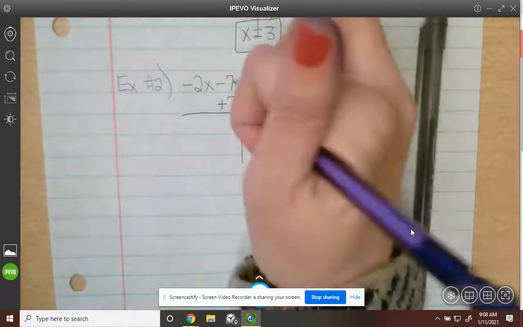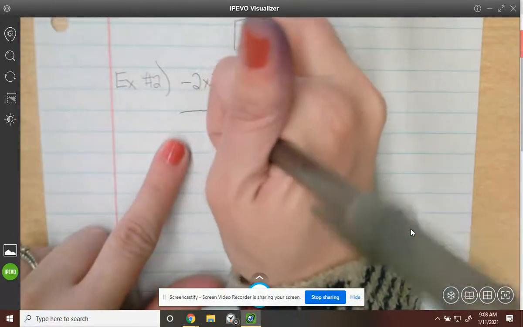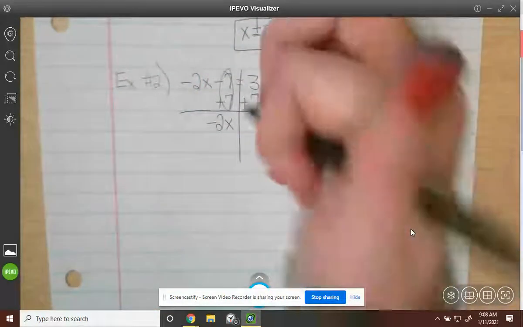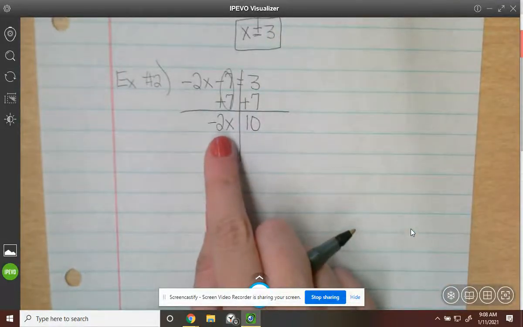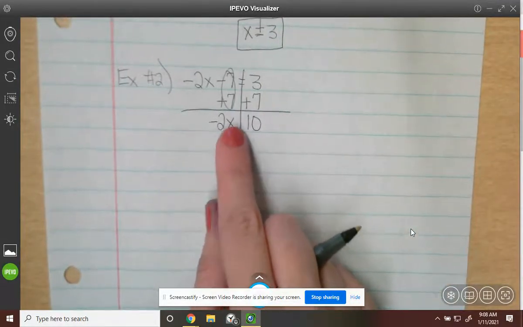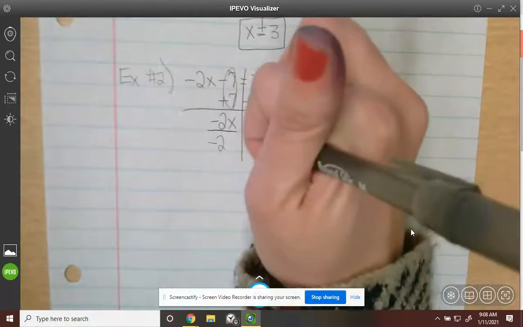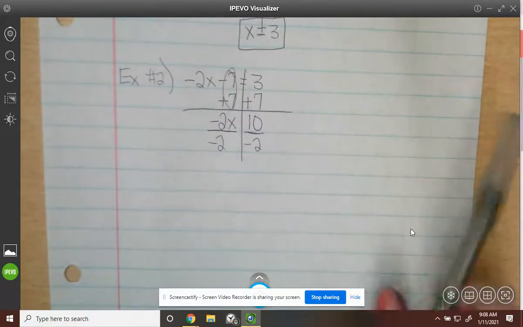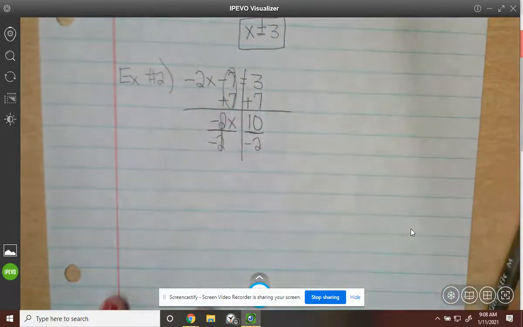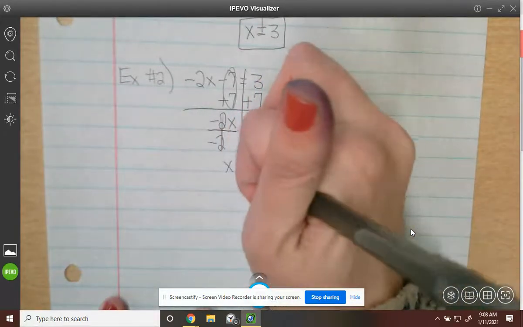Okay, that zeroes that out, leaving me with negative 2x on this side. 3 plus 7 is 10. Now I can deal with this negative 2. How do I undo a negative 2 that's attached to x right here? Through division. Make sure you put your division sign, because if you don't, you will subtract 2 instead of divide by negative 2. That turns to 1. I'm left with x equals a negative 5.